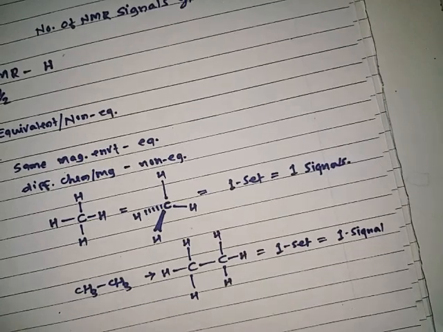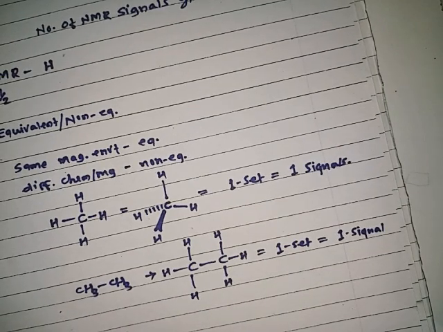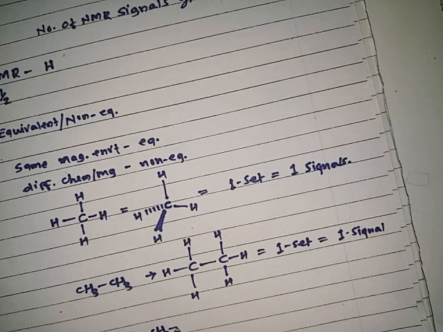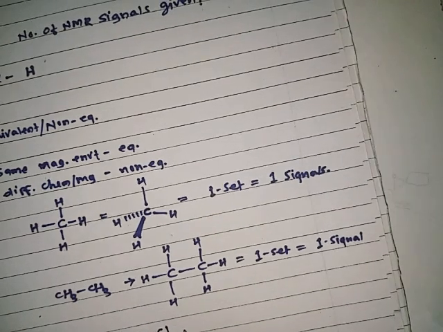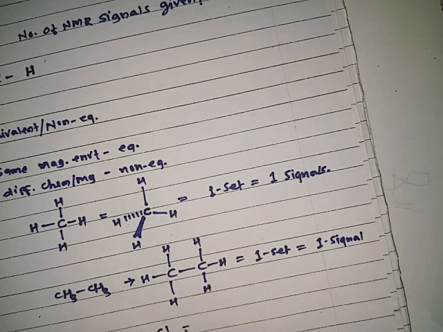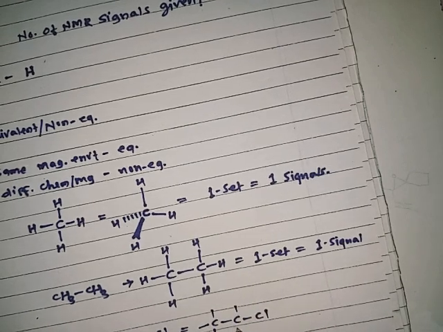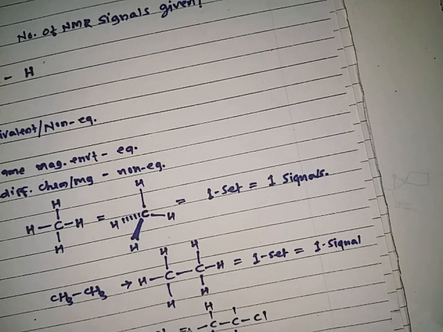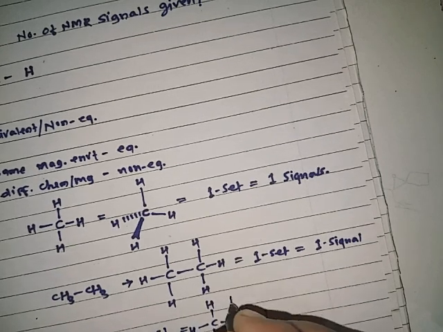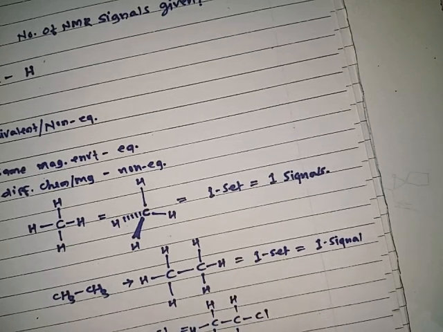But if you take this example, CH3CH2Cl, the structure becomes C, C and Cl. In this structure there are 5 protons and 2 carbon atoms.